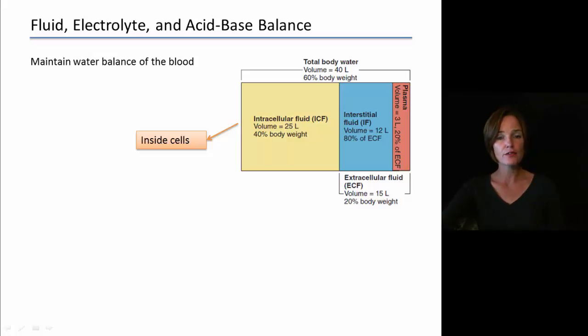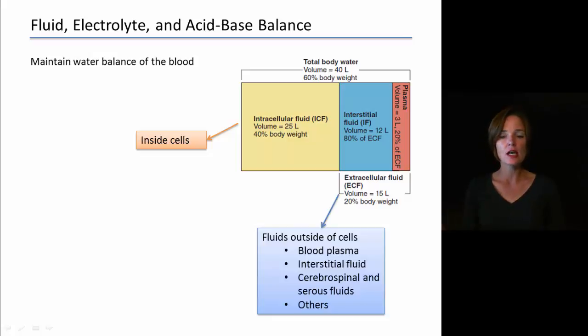Besides that, though, we have a lot of fluid that's located outside of our cells, and this is the interstitial fluid. This includes the blood plasma and the interstitial fluid. We have cerebrospinal and other serous fluids, and there are other fluids in addition to that, such as the vitreous fluid in the eye. So there are 2 different categories of water that we find inside of our bodies.